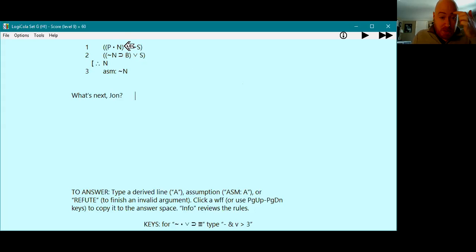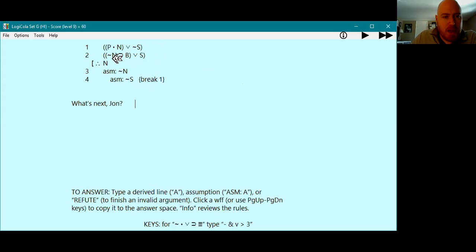So last time we assumed P and N, okay? This time, let's assume not S. I've got to write an assumption here. Let's assume this and see what happens. Break line 1. Now my assumption not S makes this line true. So the only thing I have left here is to break this formula up.